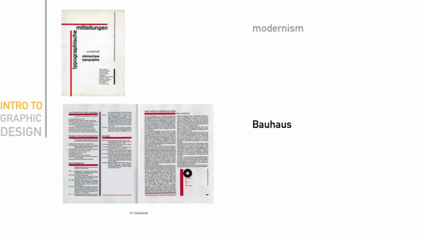The use of sans serif unadorned type, a flush left margin, in other words, everything was aligned to the left. Vertical, horizontal structures underlying the designs. The spaces in between are as important as the visible design elements. The use of rules and bars and boxes to indicate the structure, but also to separate and create hierarchy within the design, also to create emphasis.